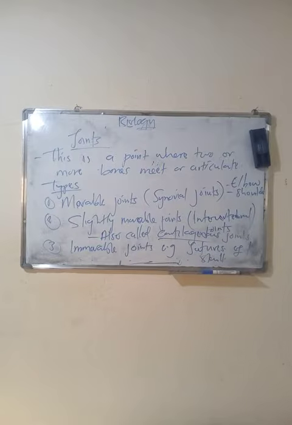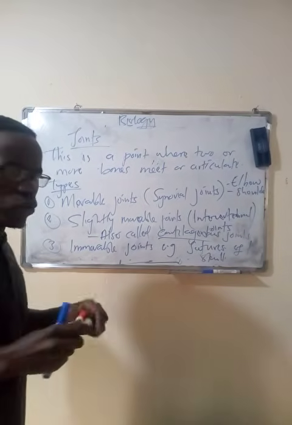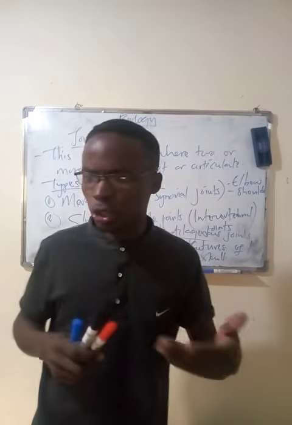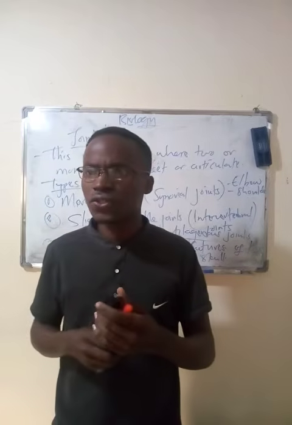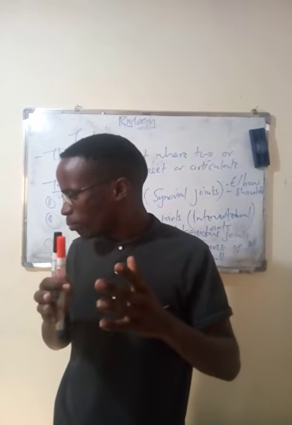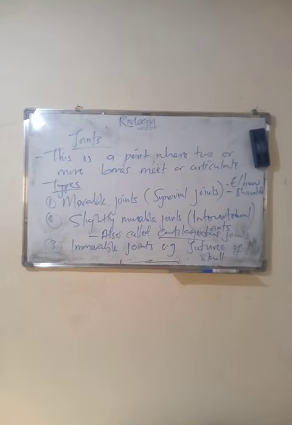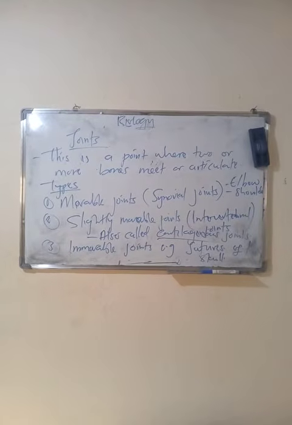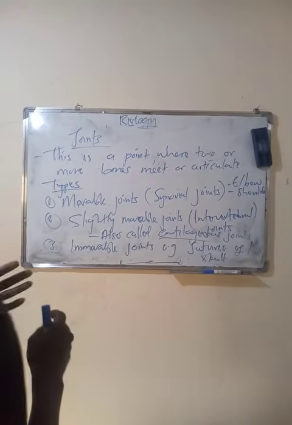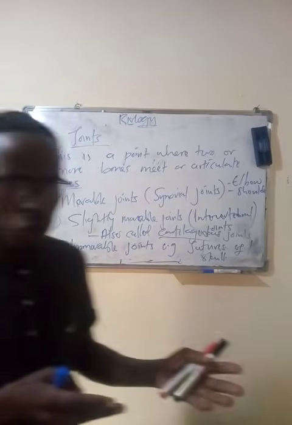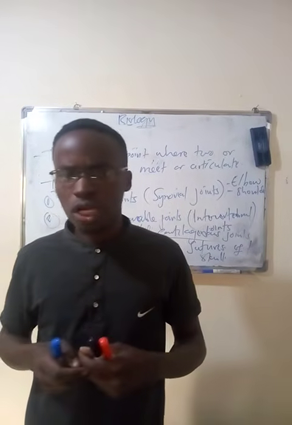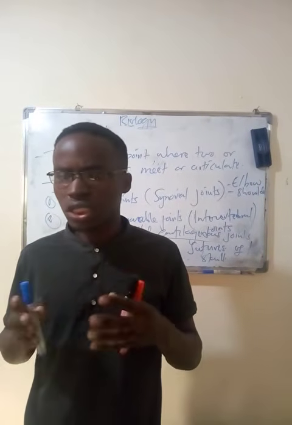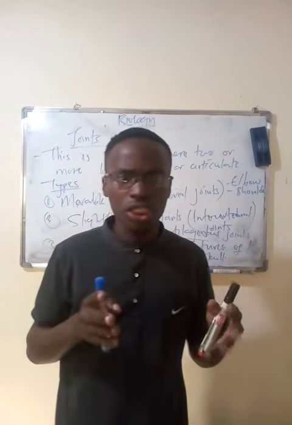Okay, so just a recap of what we've looked at. We're looking at locomotion, so we've defined what locomotion is. We're saying that it's the movement of an organism from one point to another, and from there we differentiated between movement and locomotion. We also said that locomotion has to be with the aid of a skeleton.